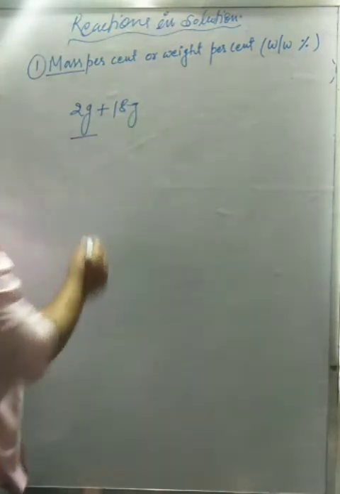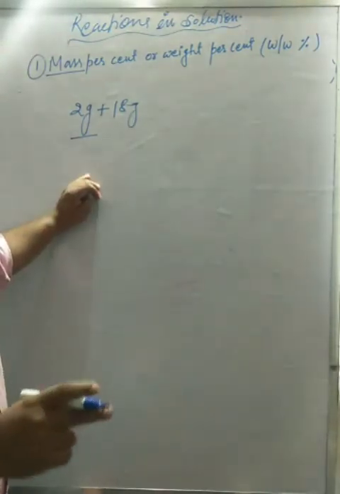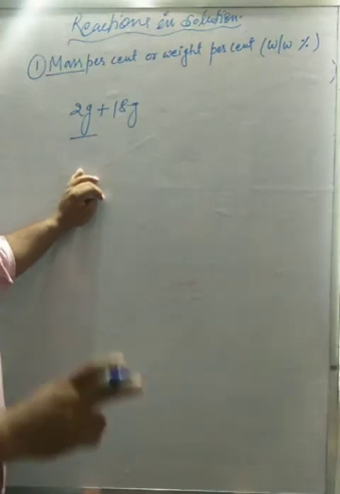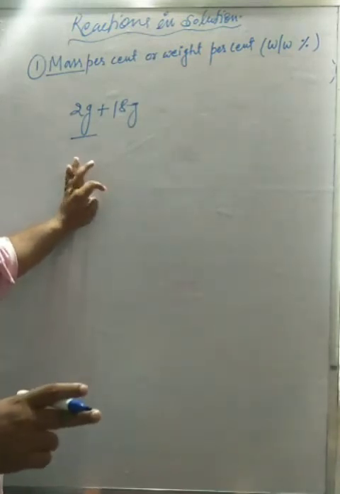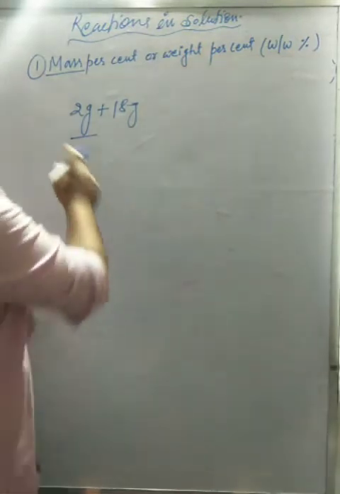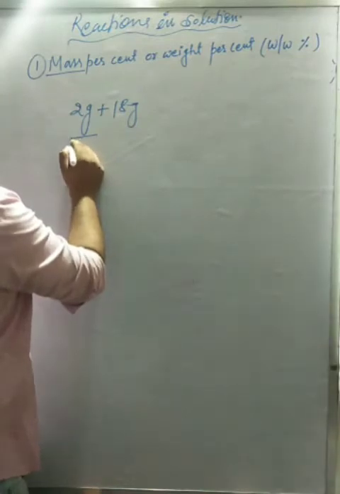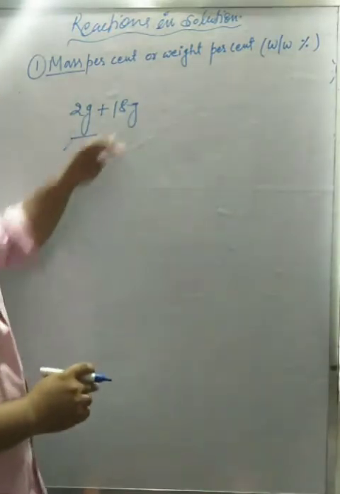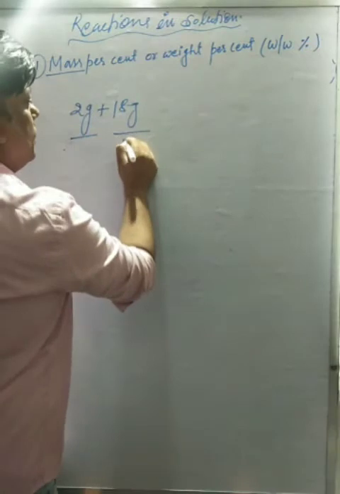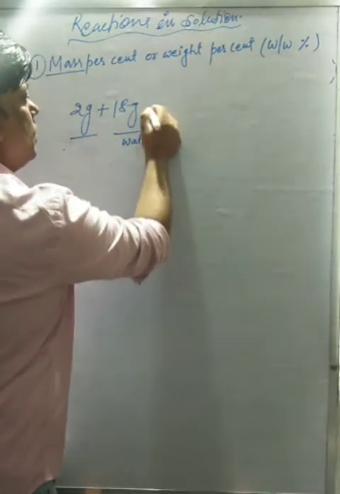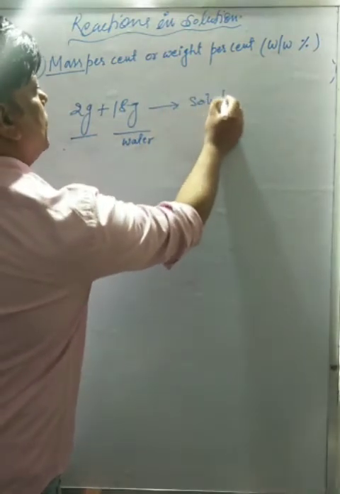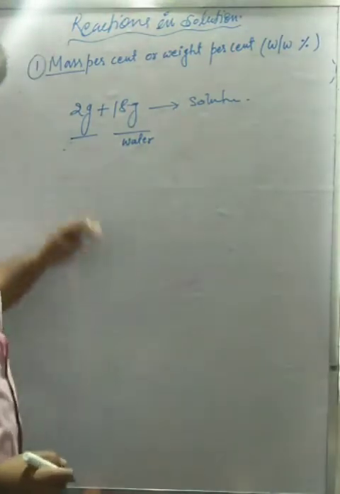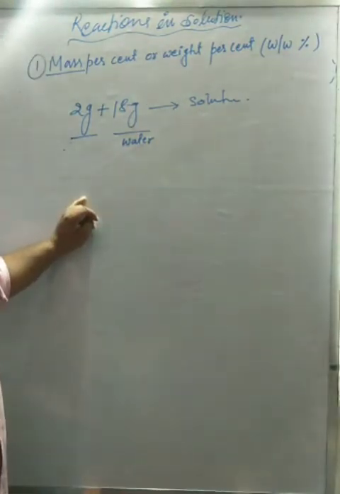I am repeating my question. A solution is prepared by adding 2 gram of a substance, it can be any substance, and 18 gram of water to make the solution. Now the question is to calculate the mass percent of solute.